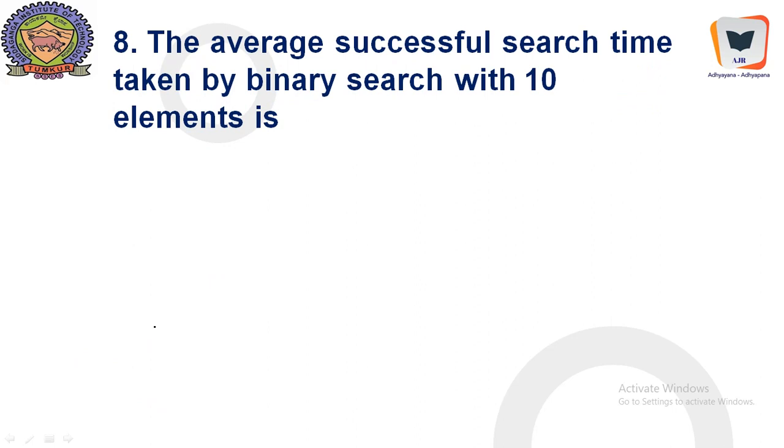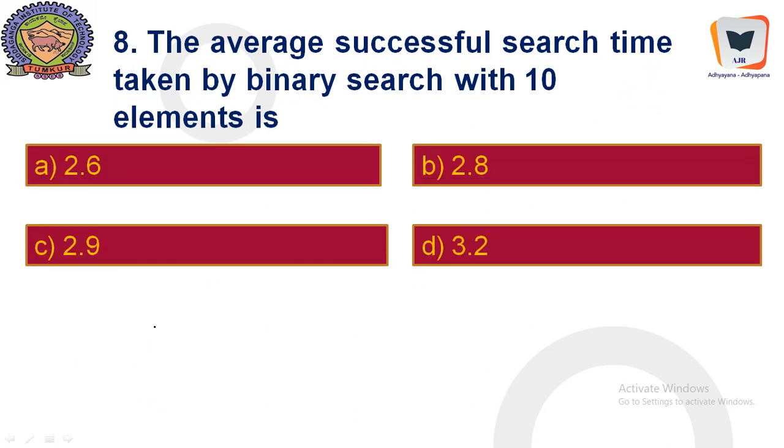Eighth question goes like this: the average successful search time taken by binary search with 10 elements or 10 keys is. Let us try to find it out. Of course, in order to perform binary search, the keys will be ordered in ascending order, and if you happen to construct a tree of that, it will be a binary search tree once again. Let us say K5 is the root key, and this is K2. And we need to arrange 10 keys like this, because the question contains 10 keys.